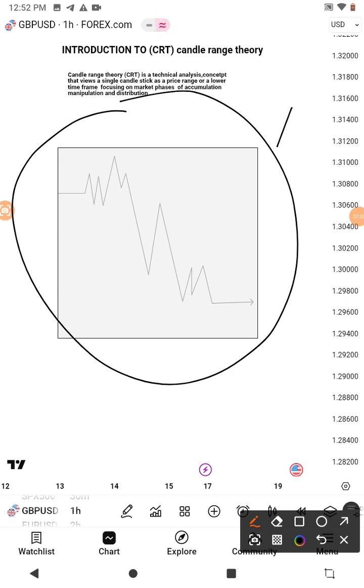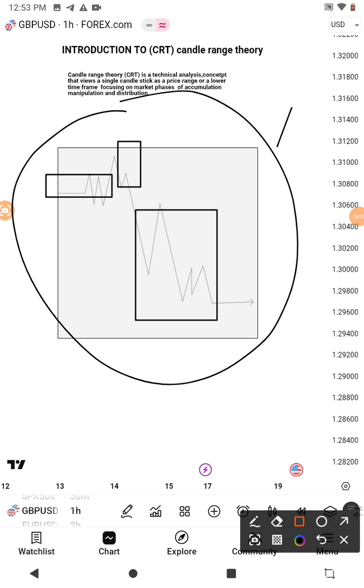Very good. Second of all, we're studying the price movement: accumulation, manipulation, distribution. Very good.